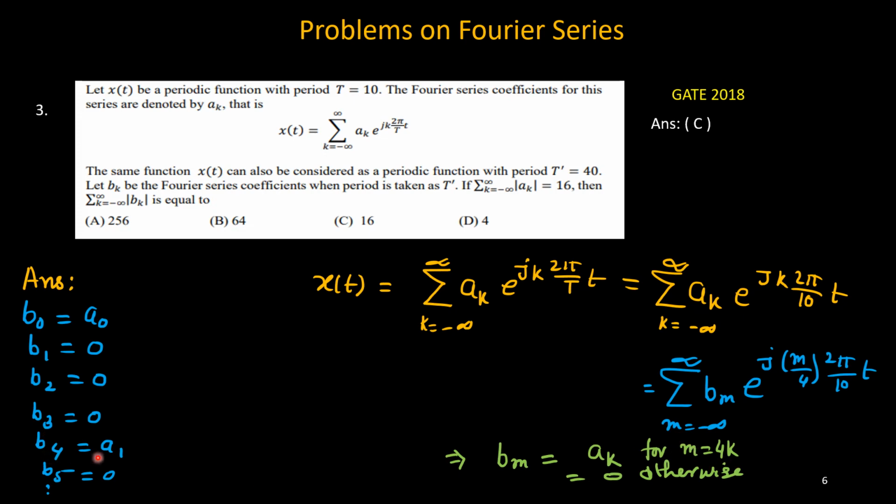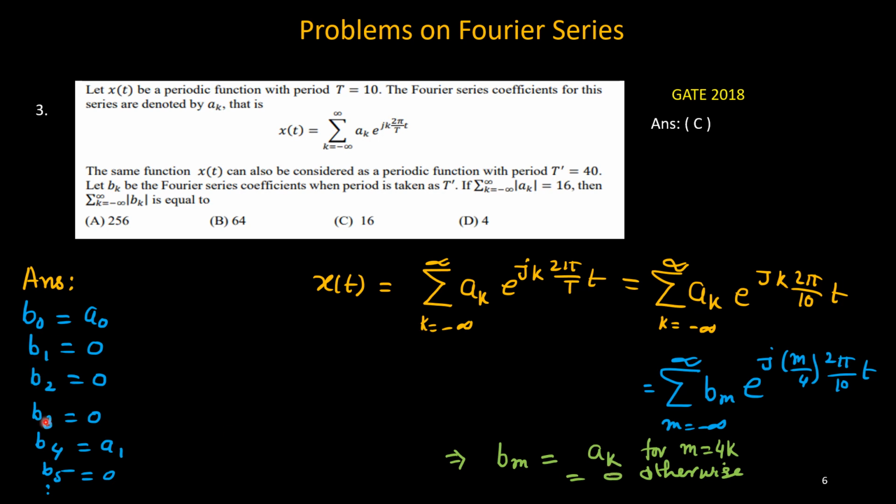Thus b4 equals a1. Similarly, b8 equals a2. The same holds for the negative side: b minus 4 equals a minus 1, b minus 8 equals a minus 2, b minus 12 equals a minus 3, like that. And the rest are all zeros.